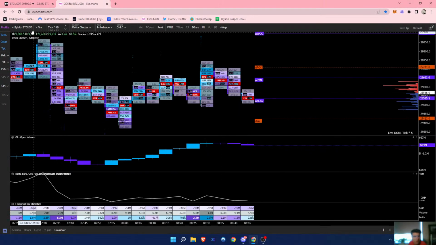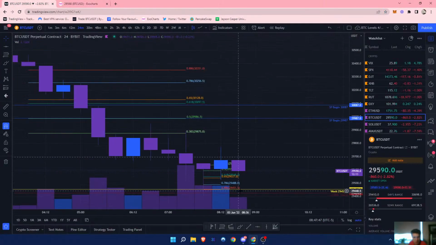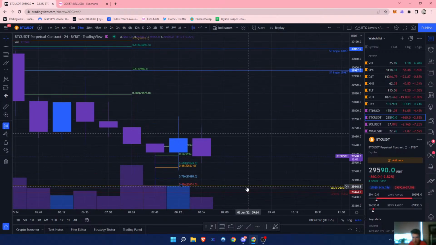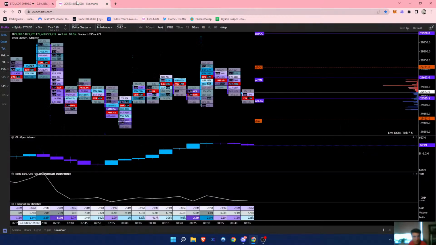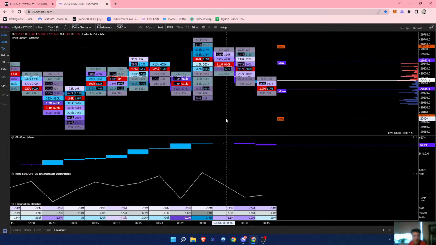Generally what's been working well for me is really just weekly supports and daily supports, and then occasionally those monthly support levels. But generally the 15-minute is a good time frame to trade based off of.